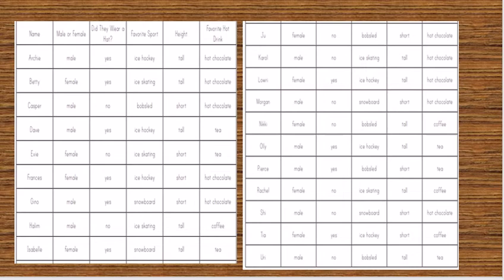Here is a list by name, male or female, did they wear a hat, their favorite sport, their height, and their favorite hot drink. You'll use this when you're trying to find your last suspect. It will be available again at the end of the video once you've solved your clues.